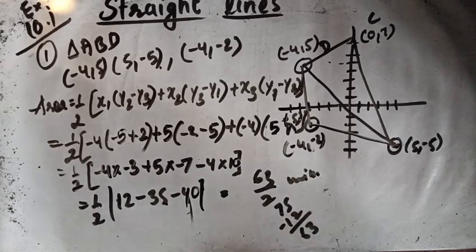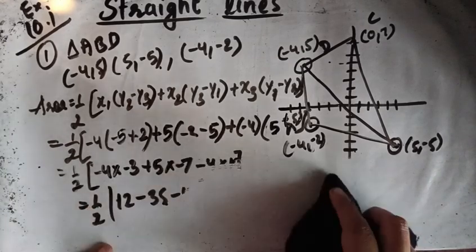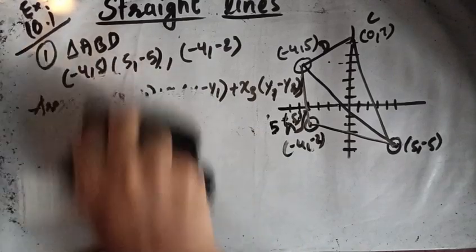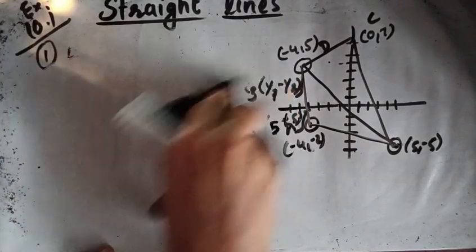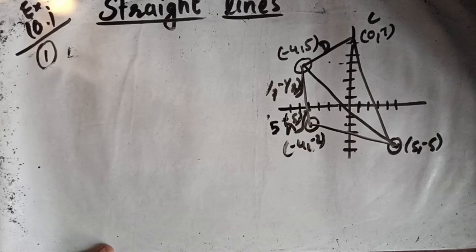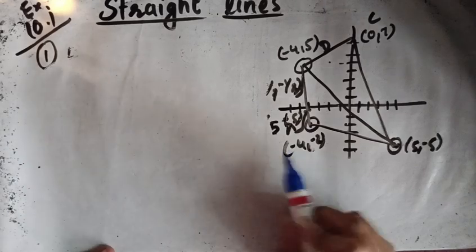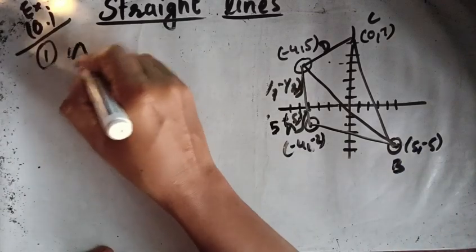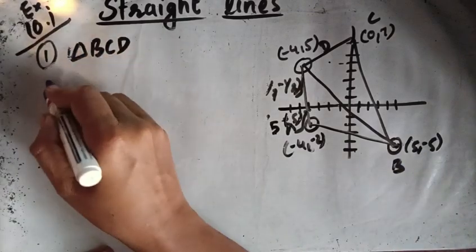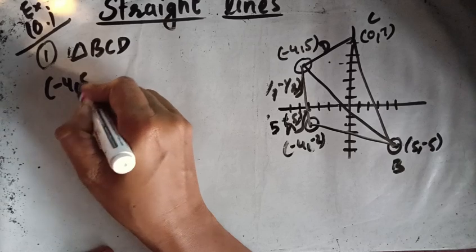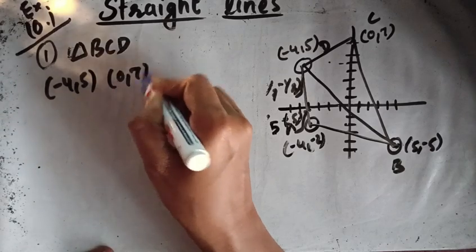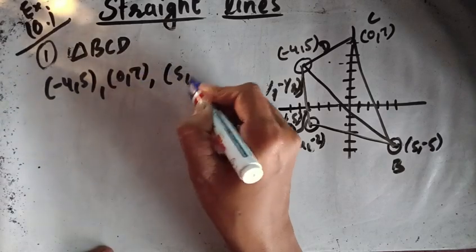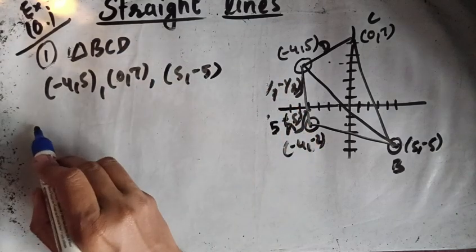Okay. Next triangle is our triangle DCA. So the points are minus 4, 5, 0, 7, 5, minus 5.